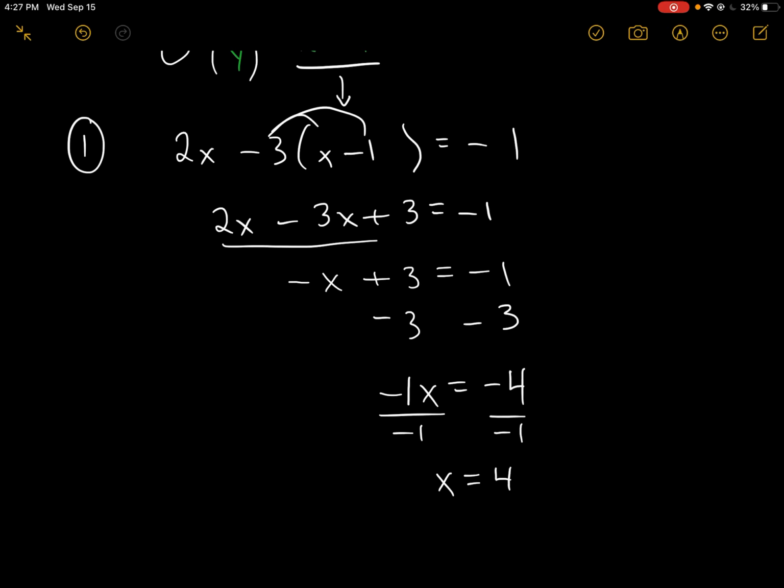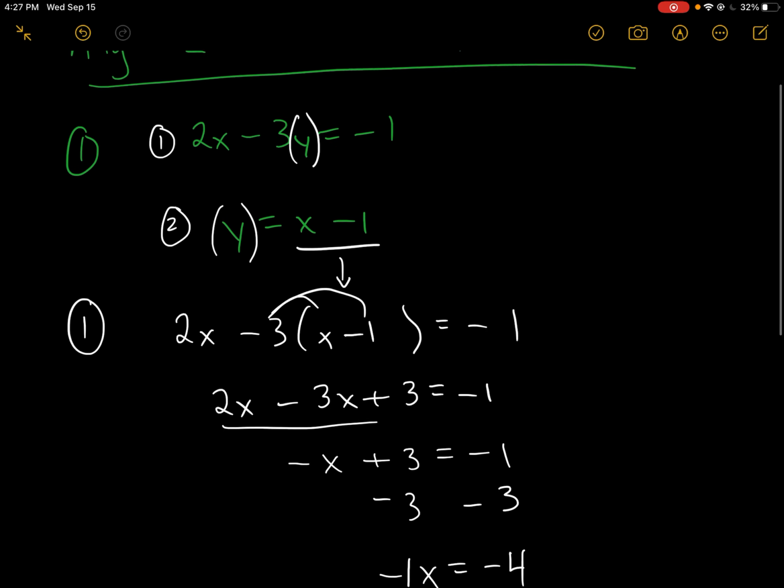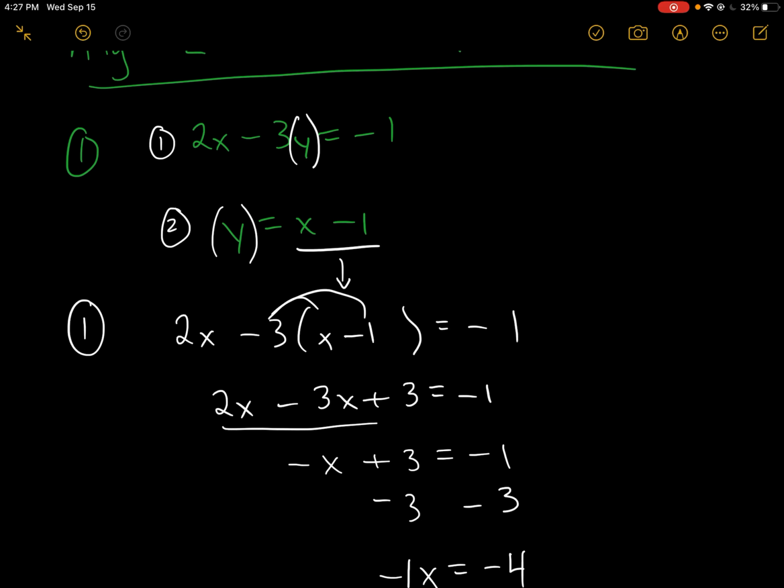So that's where the x value comes together, but we still need to solve for y. So you actually have a choice. Take this, x equals 4, go all the way back up to the top, and choose either equation 1 or equation 2. It doesn't matter which one, you'll get the same answer either way. I prefer to choose equation 2 in this case because we already have y equals. So y equals x minus 1. Well, now we know what x is.